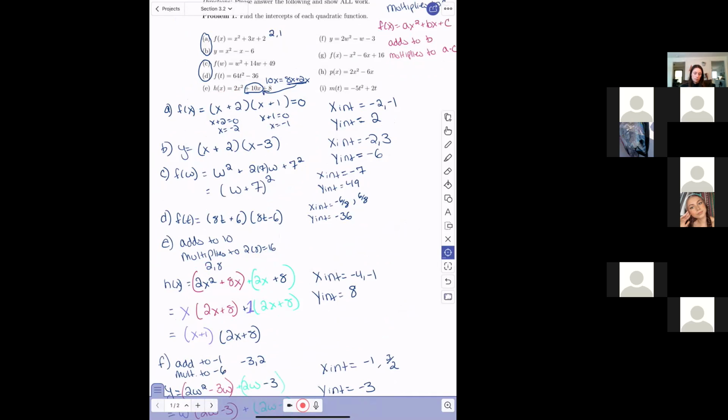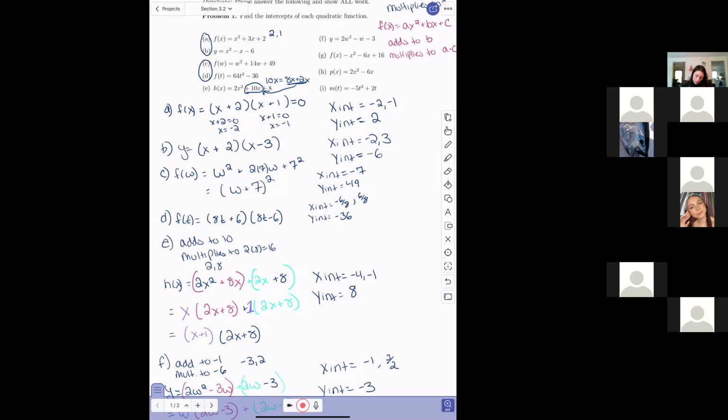Okay. So then, is that why the next parentheses is 2 and 8? Yeah. It's 2 and 8 because those are the numbers that also add to 10.